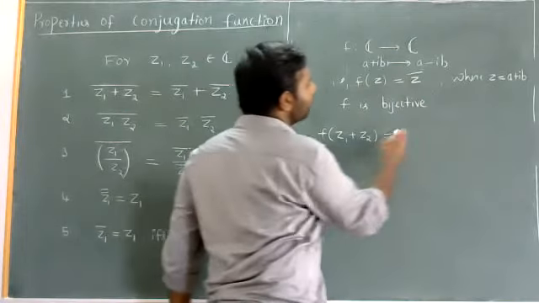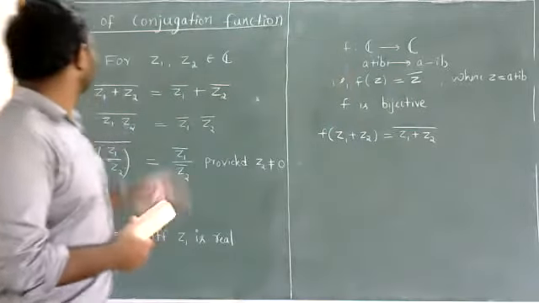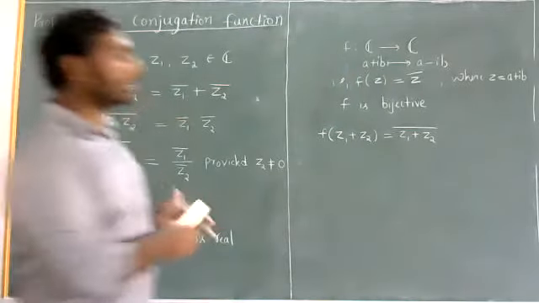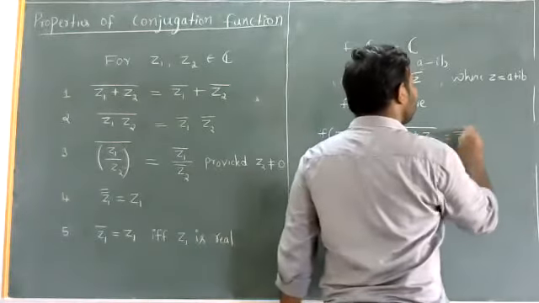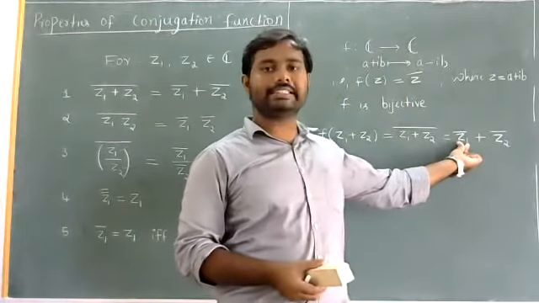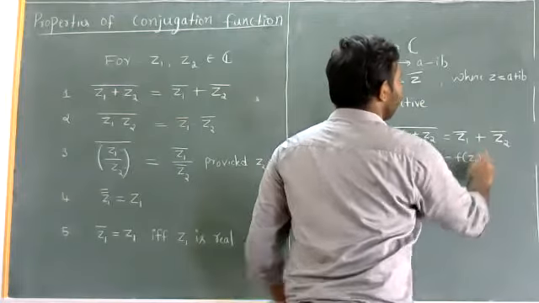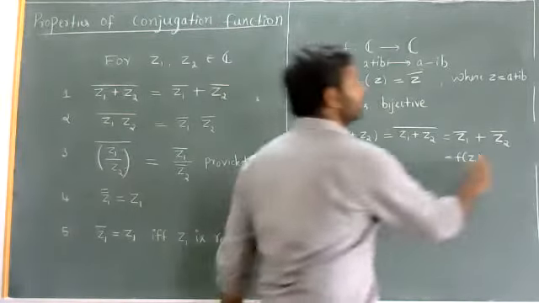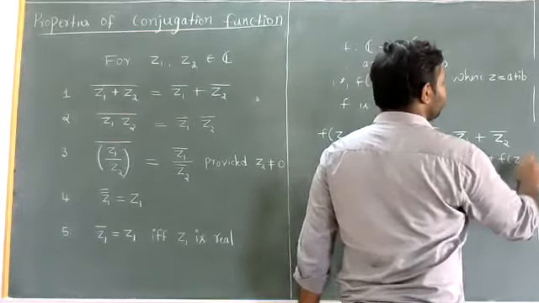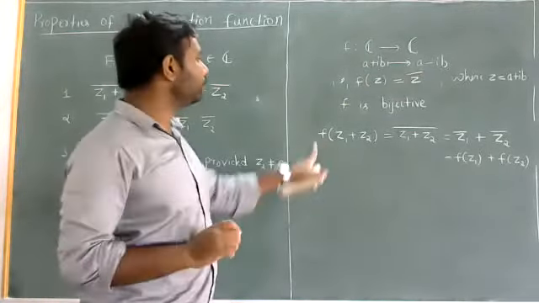So F carries this complex number to its conjugate also. Right? But what is z1 plus z2 whole bar? It is z1 bar plus z2 bar. And once again, what is z1 bar? It is the image of z1 under the function F. And similarly, this is the image of the complex number z2 under the function F. So we proved f of z1 plus z2 is f of z1 plus f of z2.